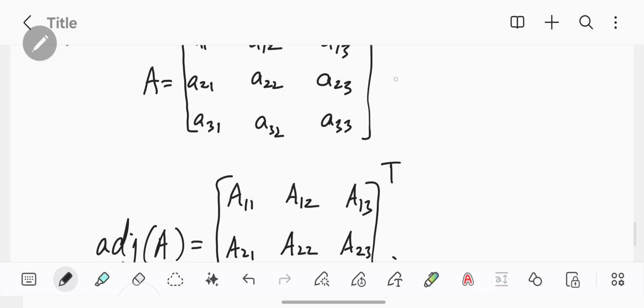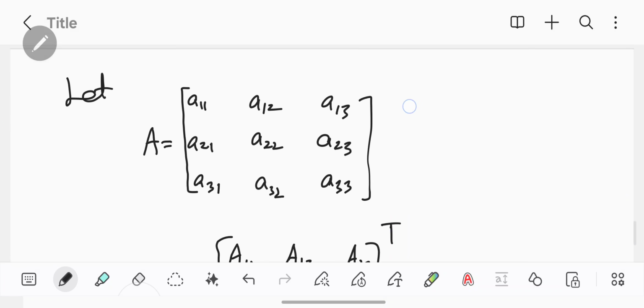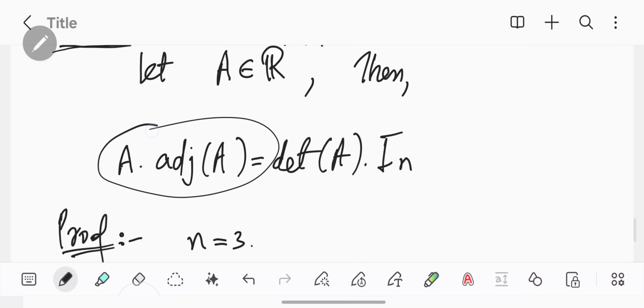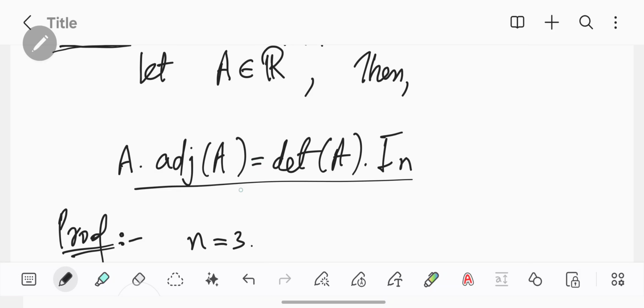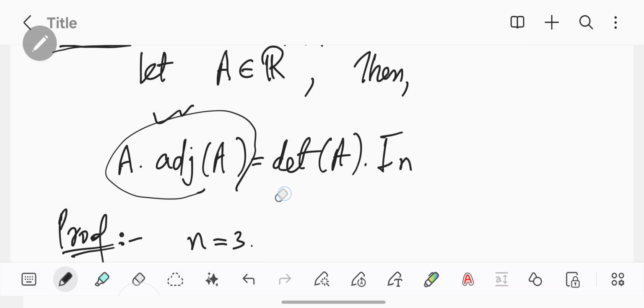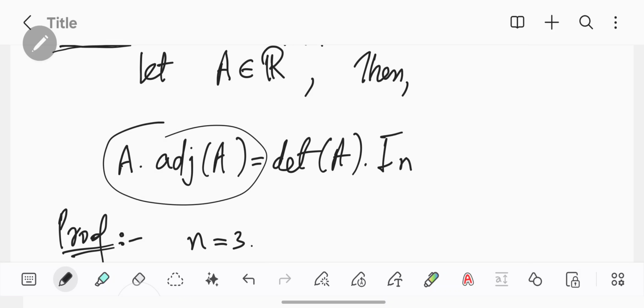So if A is this matrix, then its adjoint is this one. What we have to prove is that A times adjoint of A is equal to the product of the determinant with the identity matrix. In order to prove this, I will do some calculations. I will consider the left hand side and prove the right hand side.